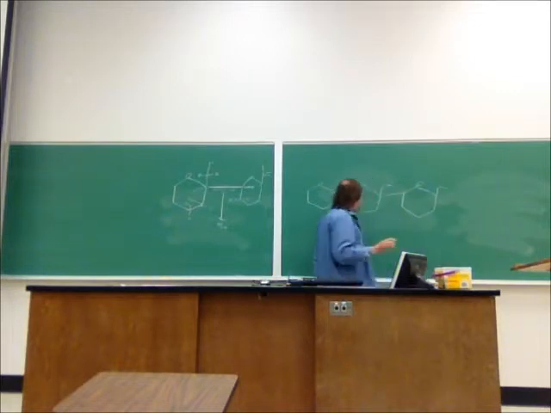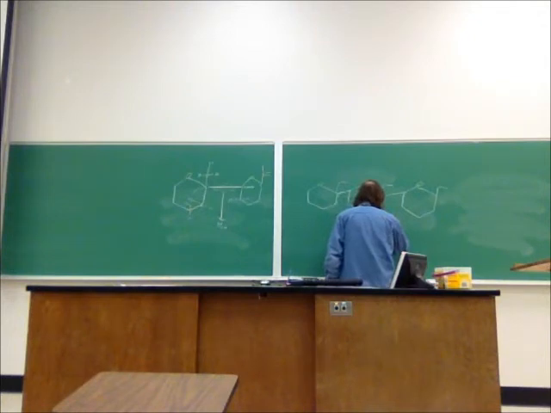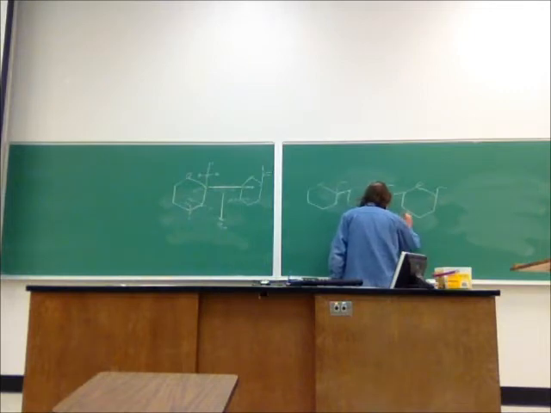But over here, we could make a second covalent bond to a totally different sugar, like so. Oops, make sure I draw it right. And we can continue that process on.